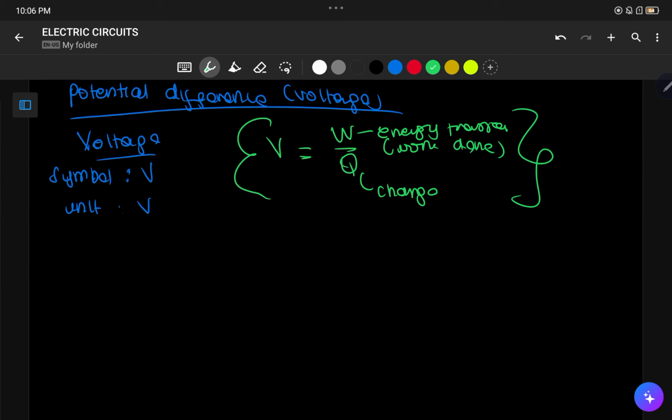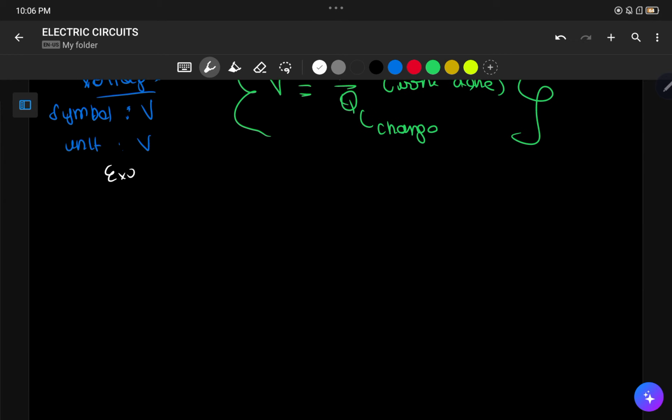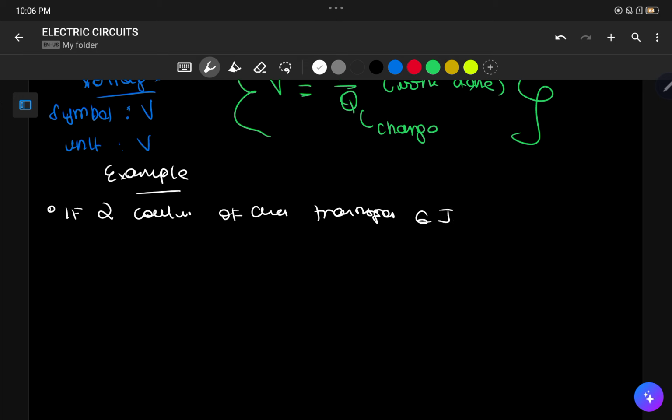Here is an example. If they say that 2 coulombs of charge transfer 6 joules of energy to a resistor, calculate the potential difference.